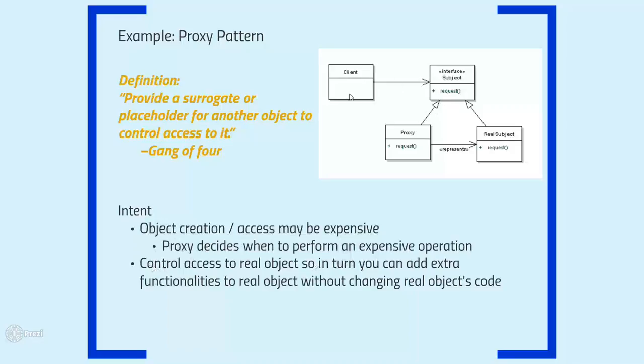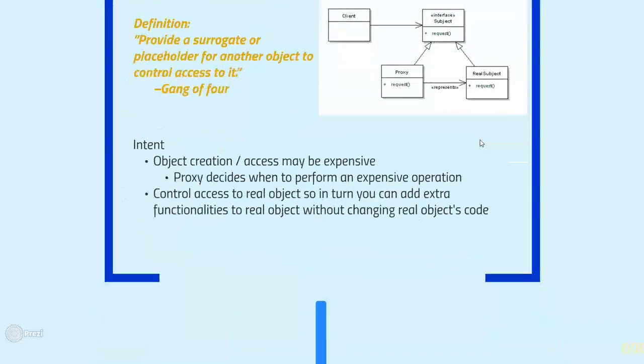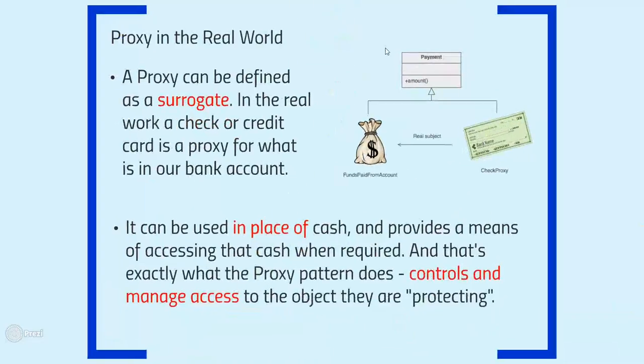If we have our client and we have this subject interface, the proxy is kind of a bridge between the client and the real object. So what does the proxy look like in the real world? A proxy can be defined as a surrogate, like what we talked about before.